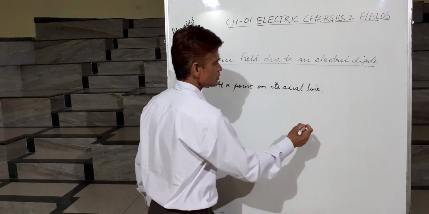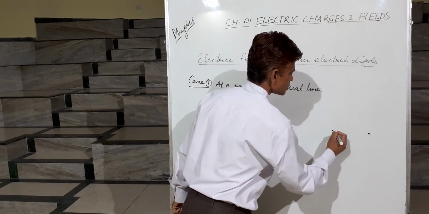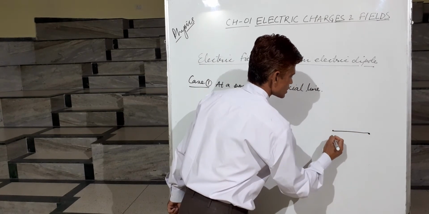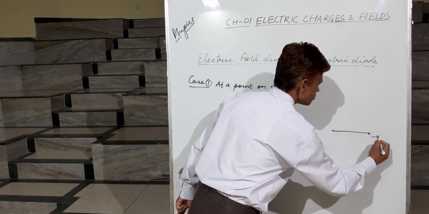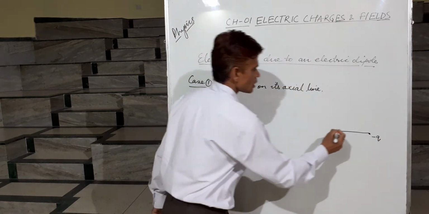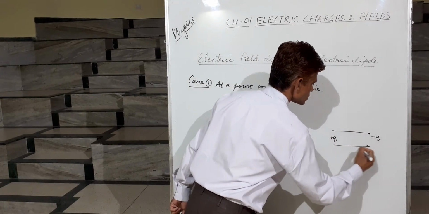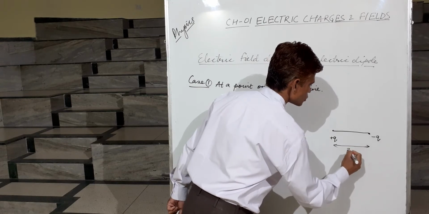What is axial line? Suppose this is an electric dipole. This is minus q, this is plus q. And the separation between the two charges is 2a.